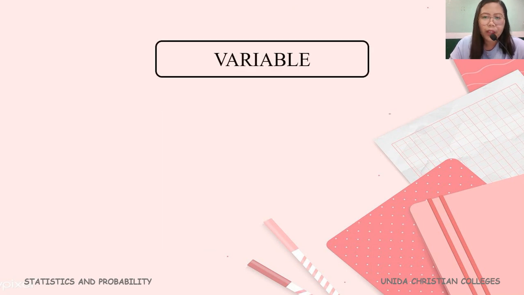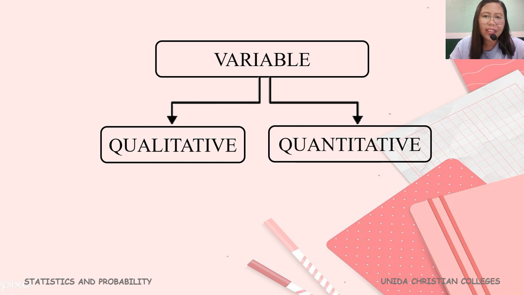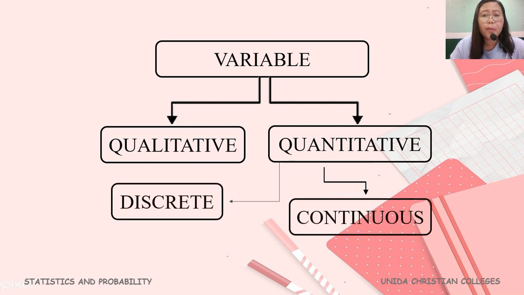Okay? Again, we have variables. And then under the variables, we have two types, the qualitative data and the quantitative data. And under the quantitative data, we have another two types, which is the discrete and the continuous. So now, in our last activity, pagsasamahin natin itong dalawang to. Quali-quanti, discrete, continuous.